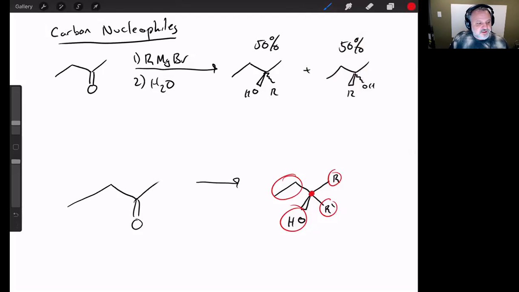So this is a chiral center. So you will have to consider that the other product that gets created in equal proportions is the one where you switch the OH with whatever this R group was. Does that make sense?